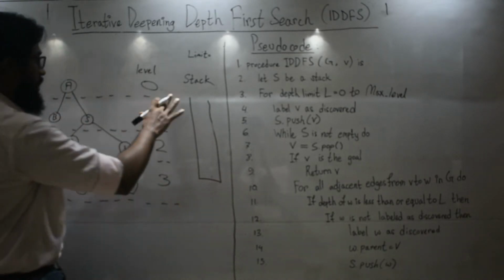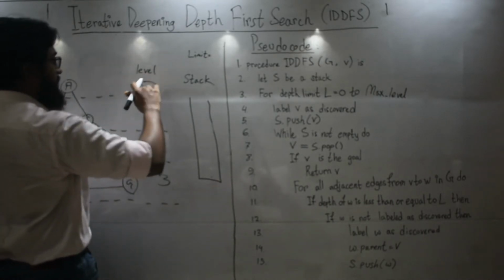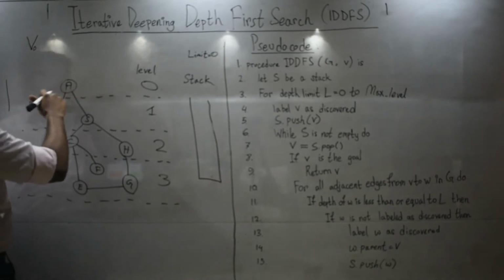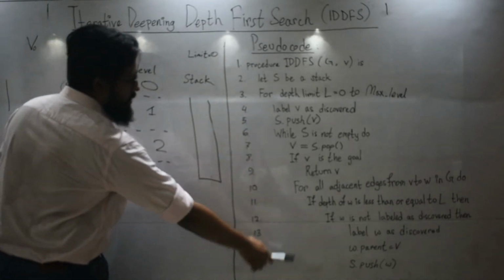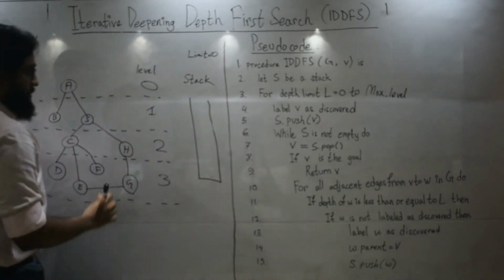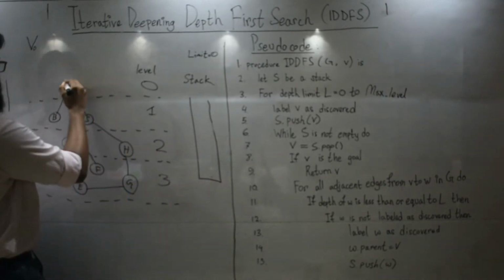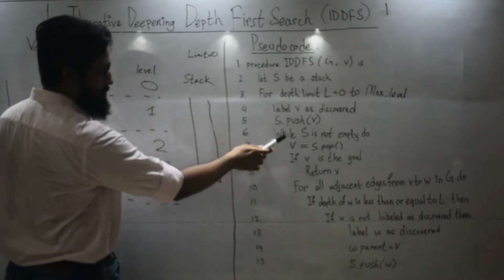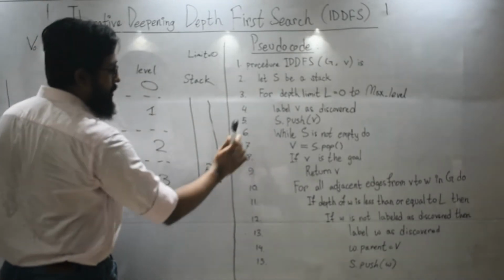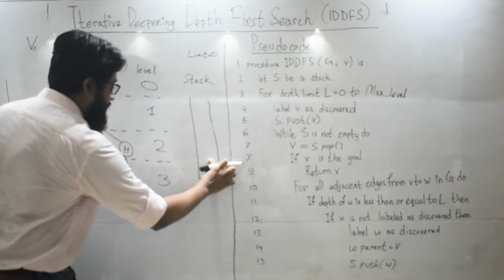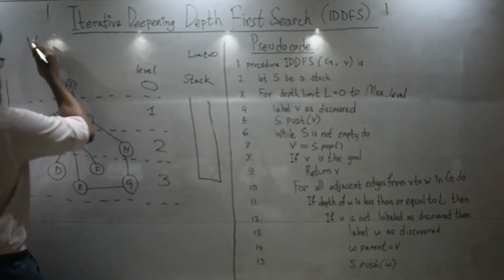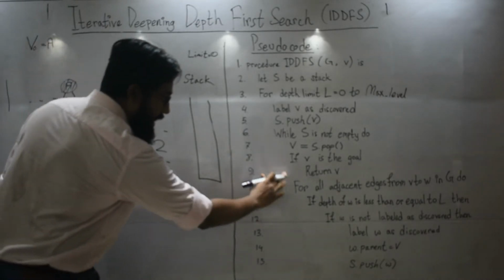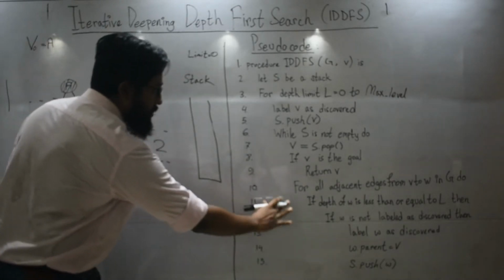Okay, so at my first iteration I will have a limit of 0, so V0, I will discover it and push it. Okay, discover A and push A. Okay, while stack is not empty, I have entered here, pop A. Okay, let's pop and put it in V, A. Okay, now for all edges, there are no edges left.